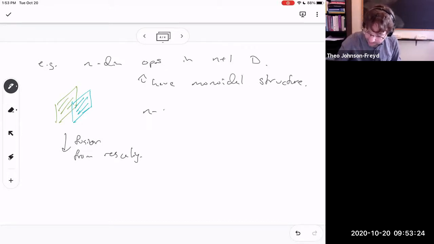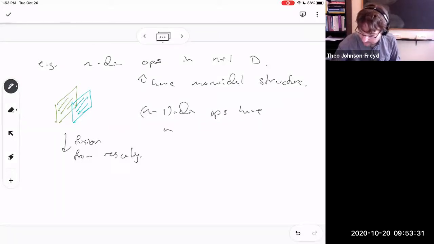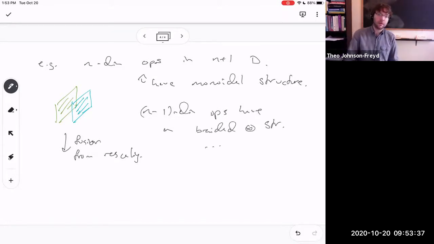And by the same token, the n-1 dimensional operators have a braided monoidal structure, and so on.